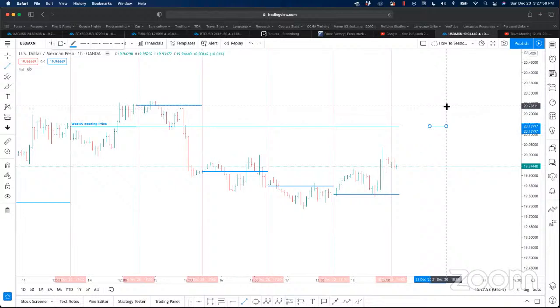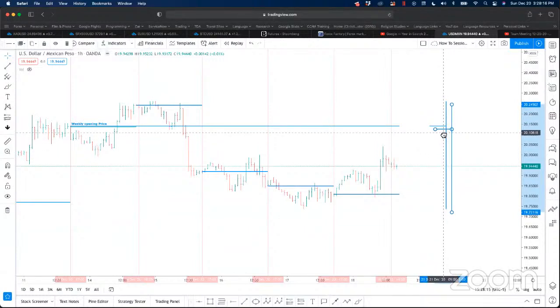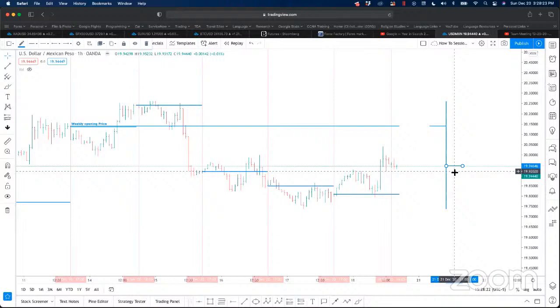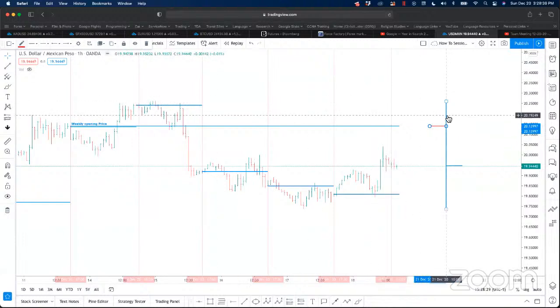The expansion to the top where we had the manipulation is here. The expansion to the low is here. And then the closeout on this candle is here. And of course, all of this is red because in my case, it's bearish.